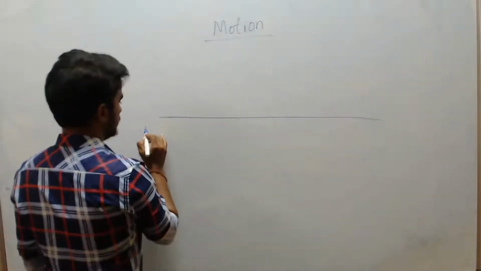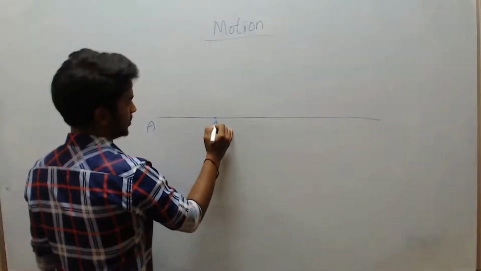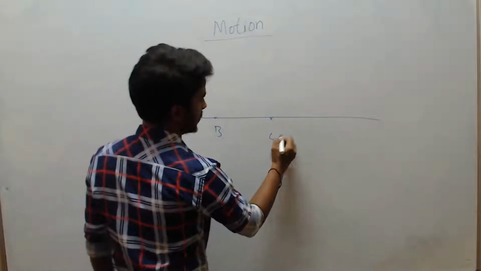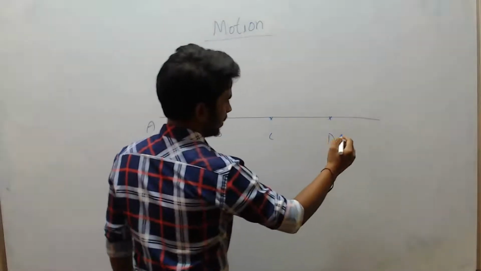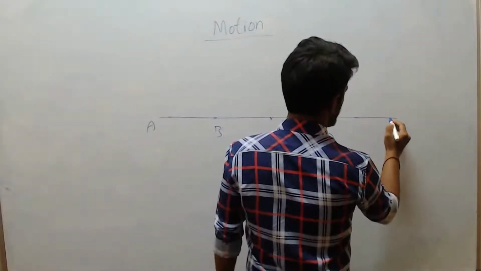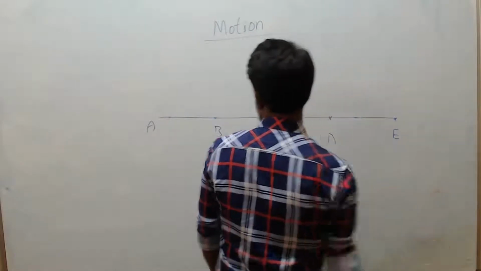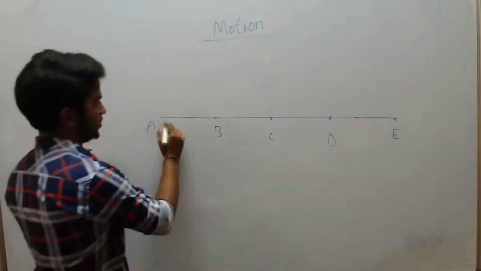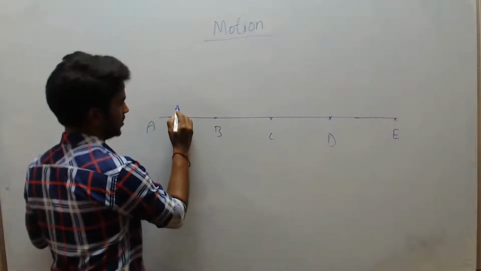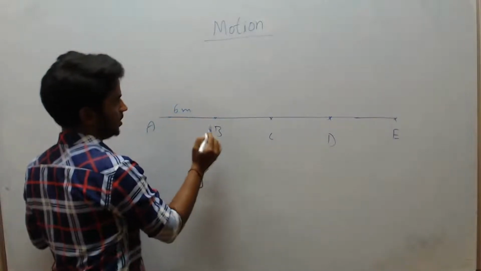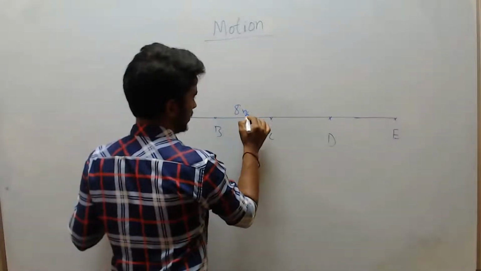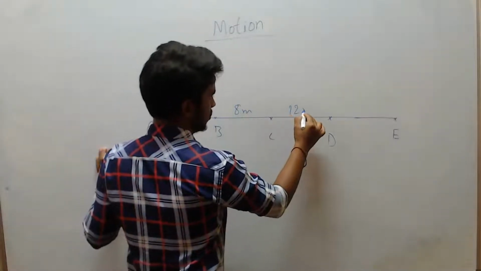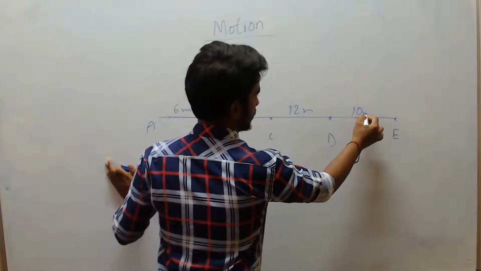Now here, this is A, this is B, this is C, this is D, and this is E. One object will cover the distance here to here 6 meter, this is 8 meter, this is 12 meter, and this is 10 meter.